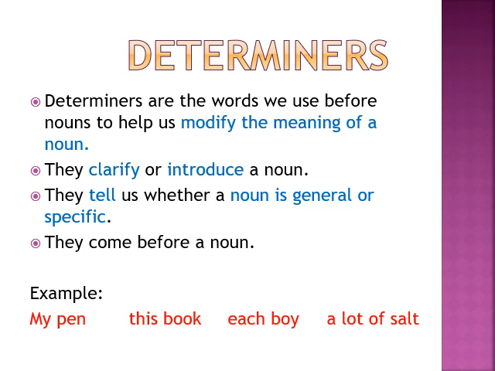Same goes with each boy. Each boy means I am talking about each boy from a specific group. A lot of salt means it is telling us something about the salt, that the salt is a lot. So determiners tell us something more about a noun or clarify or introduce a noun.